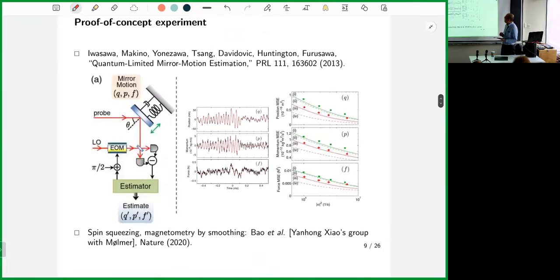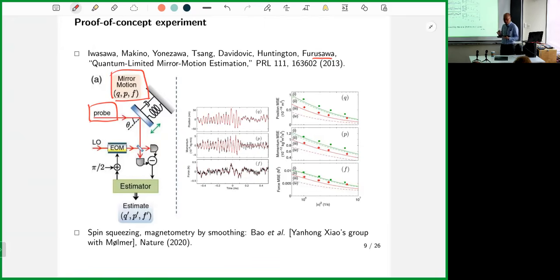We managed to convince Furusawa's group in Tokyo to do a proof of concept experiment. Continuous input beam could be squeezed. There's a very classical mirror that reflects the light. So it's very classical. It's very massive.